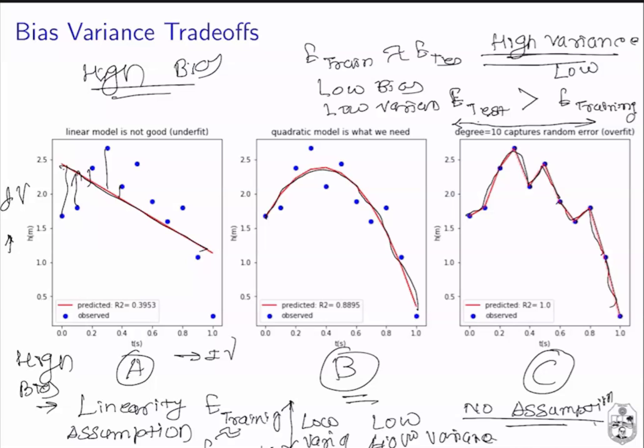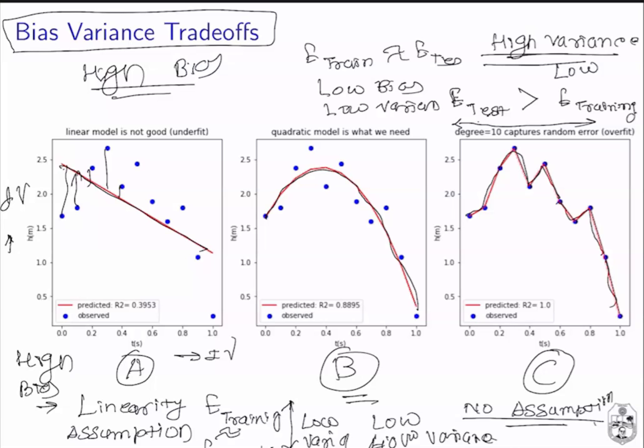But the point is that when we make assumptions, we get high bias, and when we relax the assumptions, we get a situation in which low bias is present but high variance is there. So this tension between the bias and variance is called the bias-variance trade-off.